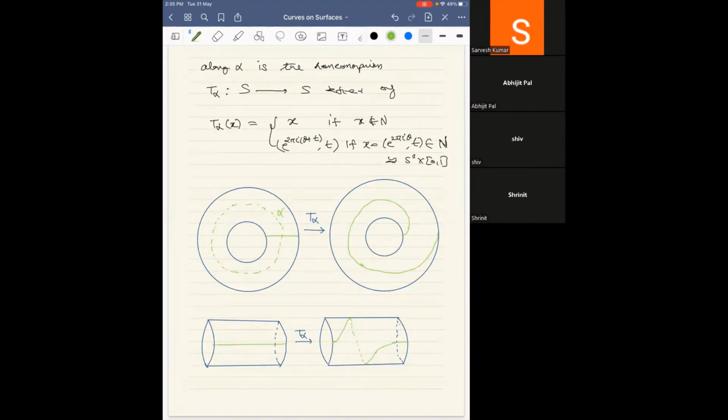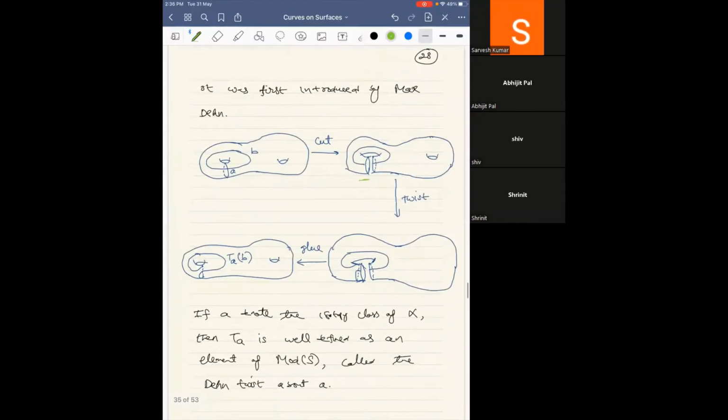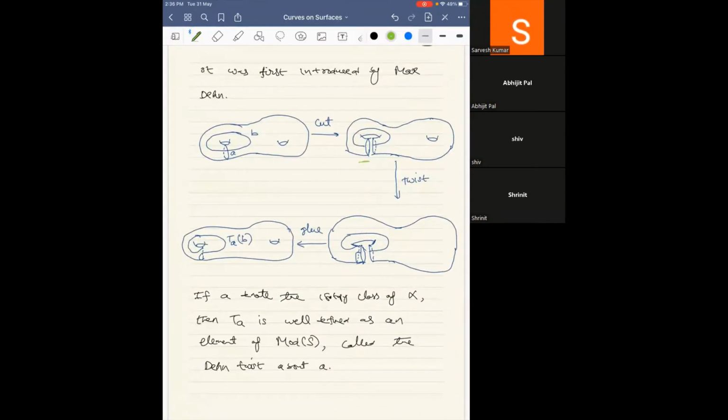For example, I can take any parameterization, so there are uncountably many such elements. This Dehn twist homeomorphism is not well defined. But if you look at it as an element of the mapping class group, then it is well defined, up to isotopy. So this T_A as an element of the mapping class group makes sense, and this is well defined.